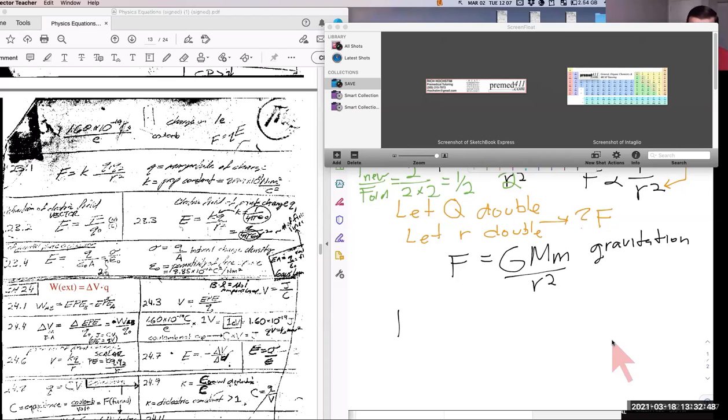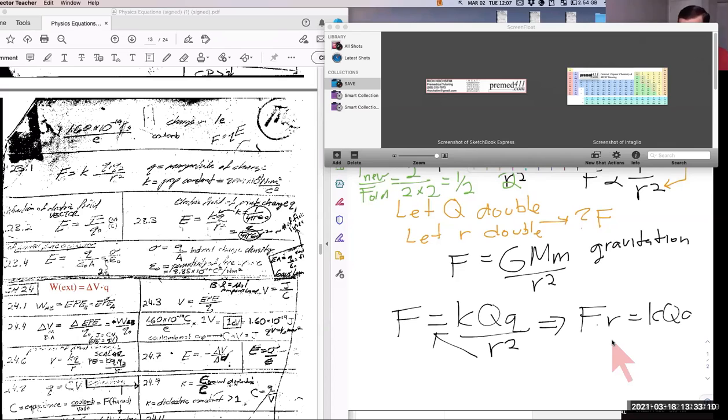What I'm going to do is say F is going to be K Q Q over R squared, and I'm going to bring one R up to here. So when I do that, I get F times R, that's force times distance, equals K Q Q over R. And it turns out that this is potential energy.